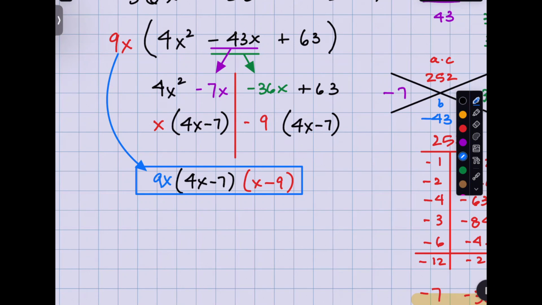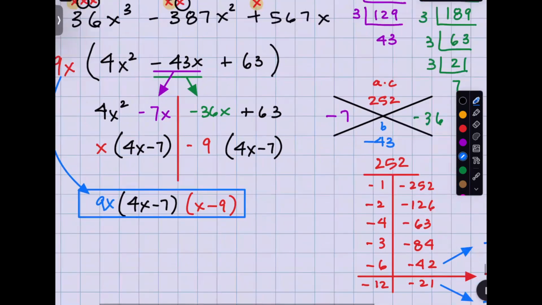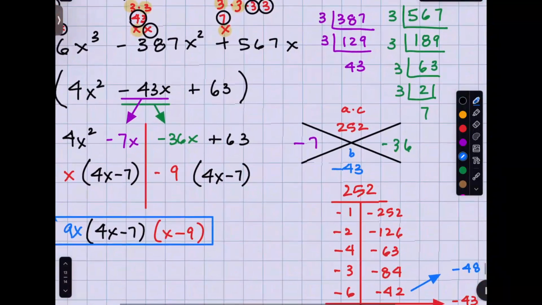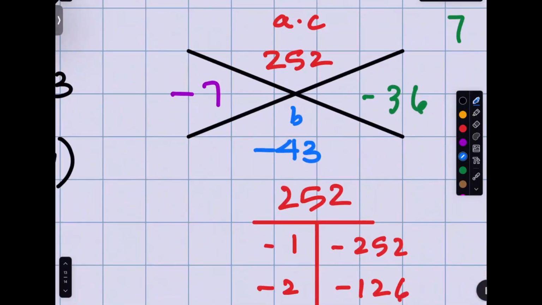So just so you guys understand, when I was in high school learning this, we had no AC method. The cool thing about the AC method is that it works every single time. If I do not find these two numbers, then I know my trinomial is not factorable.